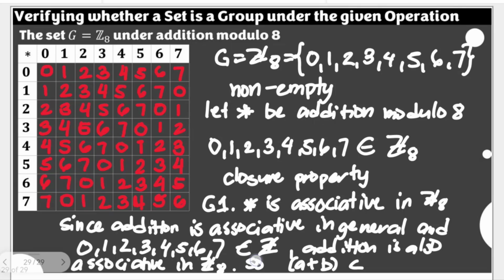So we can say that A plus B plus C is just equal to A plus B plus C with different grouping, which is the general associativity for our addition on a set of integers.